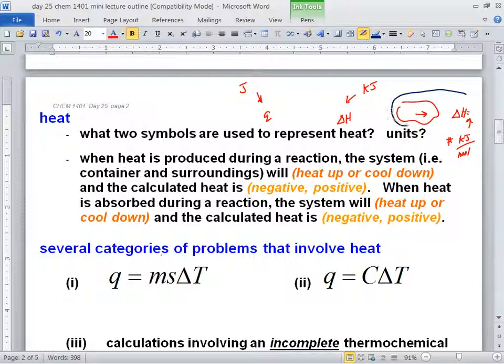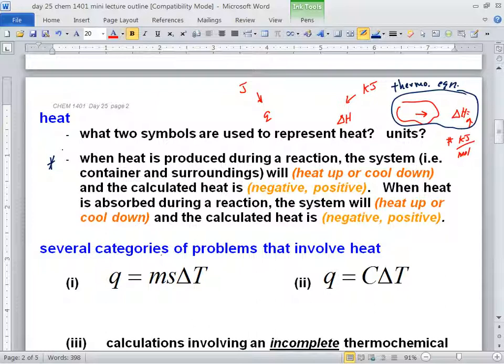When you have a reaction and a delta H, and that delta H is always in kilojoules per mole, they call that a thermochemical equation. In writing a thermochemical equation, you need the reaction and you need a delta H. And the delta H is always in kilojoules per mole. Okay. And that's going to be important. That's going to come back and bite us if we don't remember that.